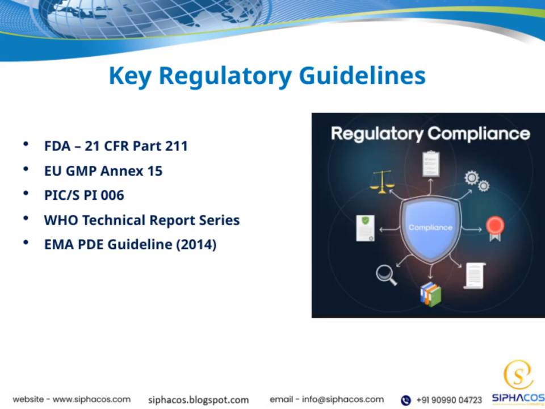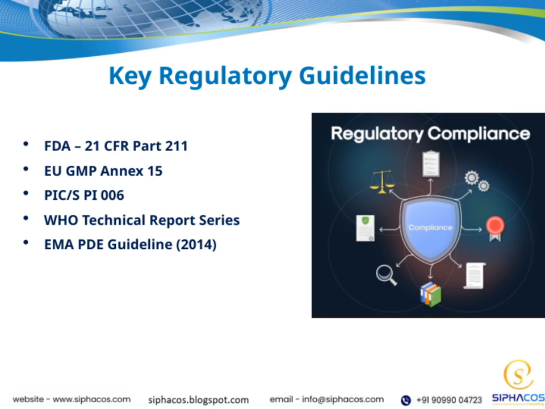Now, let's look at some of the key regulatory guidelines that shape our manufacturing and quality standards. First, we have the FDA's 21 CFR Part 211, which sets the current good manufacturing practice requirements for pharmaceuticals in the United States. It covers everything from personnel and facilities to production and quality controls.